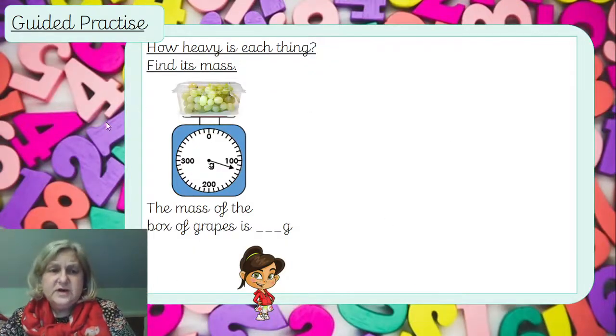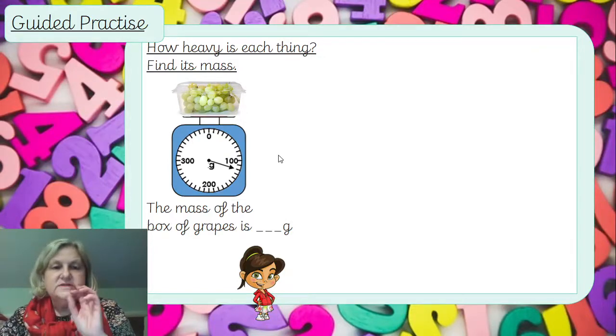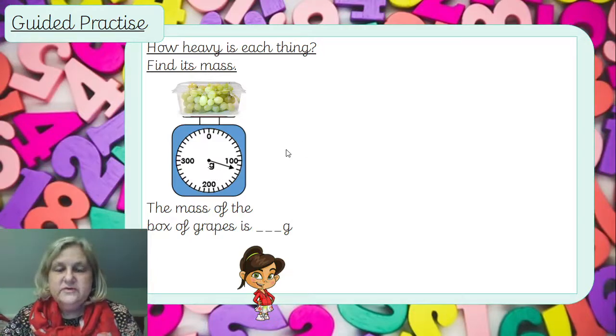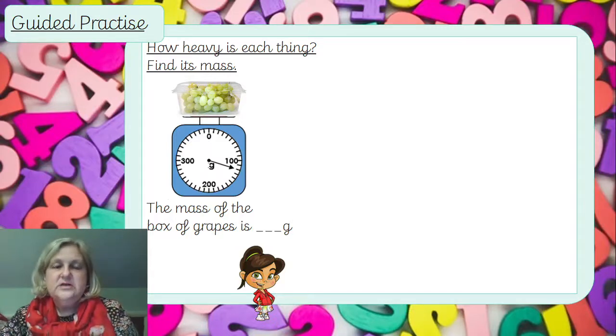So our guided practice now, and you've got some scales to read today, so this is going to be really handy. We've got the scale going up in grams again, because it's always worth having a look at what the unit of measure the scale is measuring. So how heavy is each thing?